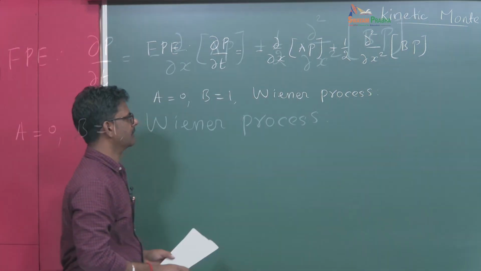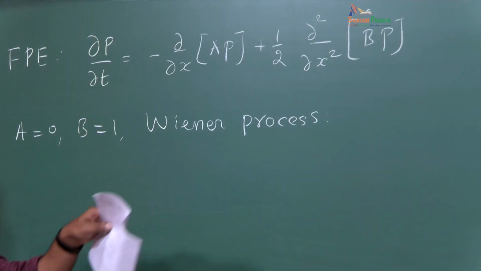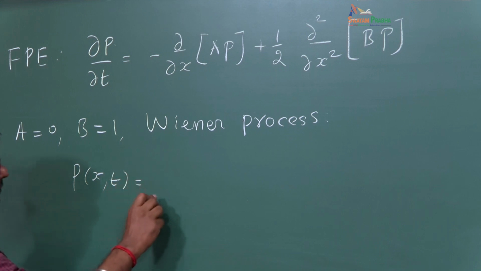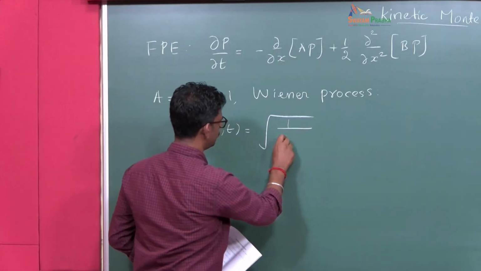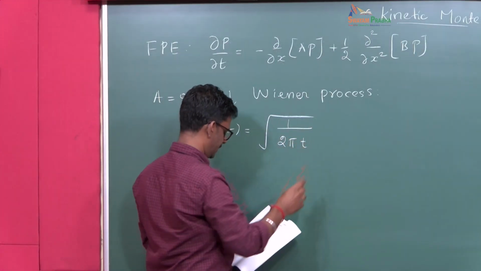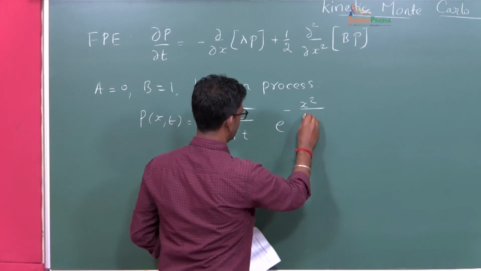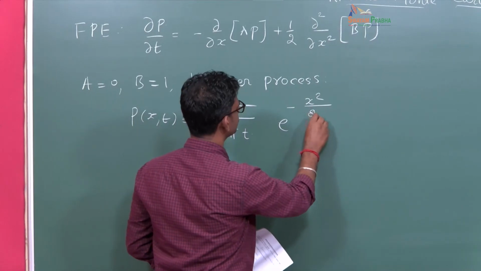And we also saw that this problem has an analytical solution. So we got P of x comma t given as 1 by square root of 2 pi t e power minus x square by 2t.